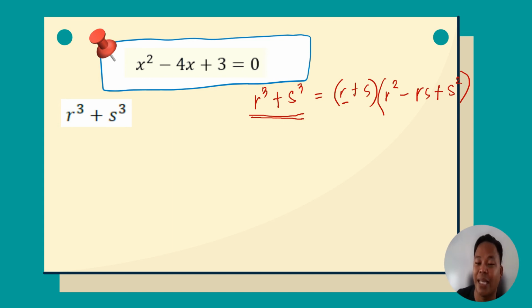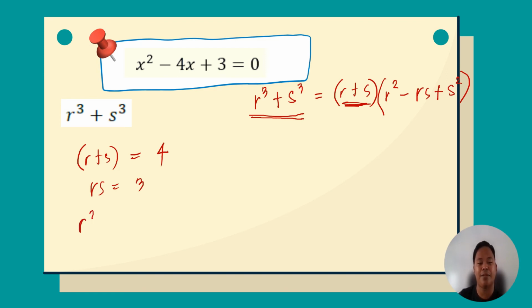We know that we already have the value of this factor since this represents the sum of the roots. And we have already solved the value of r squared and s squared on the previous slide since the given equation is the same. Therefore, we can substitute now the values. r plus s is equal to 4, the sum of the roots. rs is equal to 3.